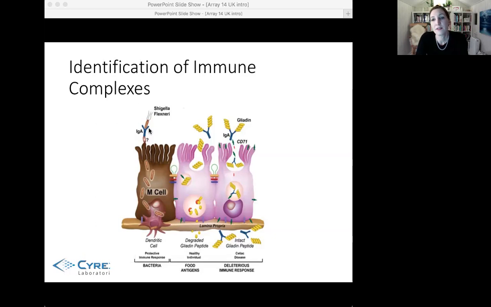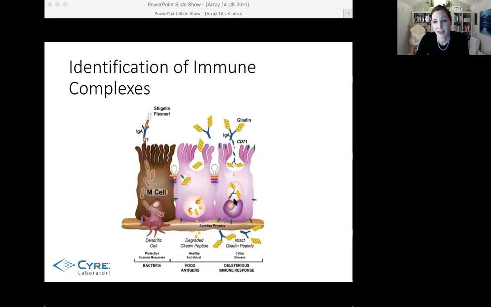So in the case of Shigella infection, IgA above the gut epithelia binds to the Shigella and transports it whole across the gut wall, where the internal immune system, so the M cell, comes in. Remember earlier I said that there are 5 different kinds of epithelial cell.